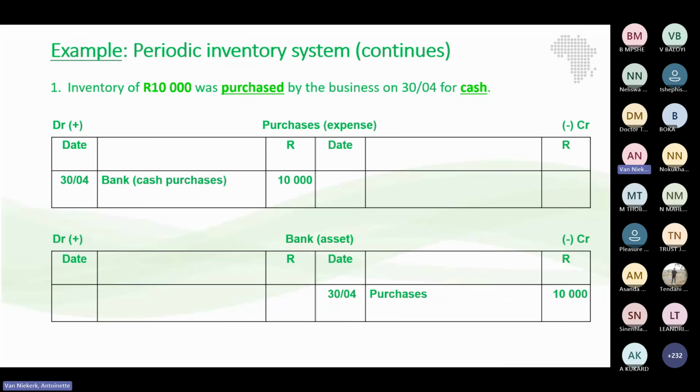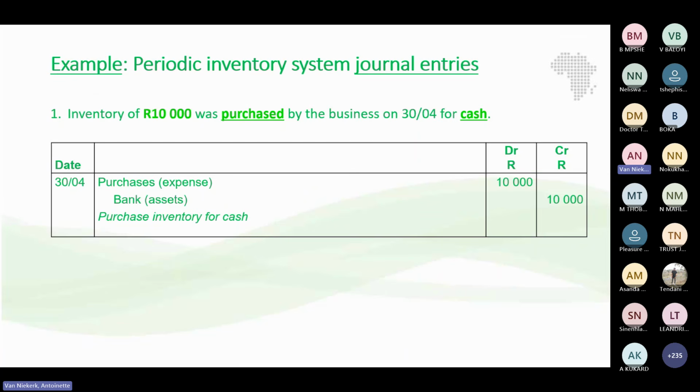Okay, now let me first say this. Here we showed you how the transactions will be recorded in a T account, or actually the formal name for this is your general ledger. But like I said, you'll learn more about that in learning unit 4 and 5. Now we're going to look at how this will be recorded in a journal entry. It's exactly the same transaction.